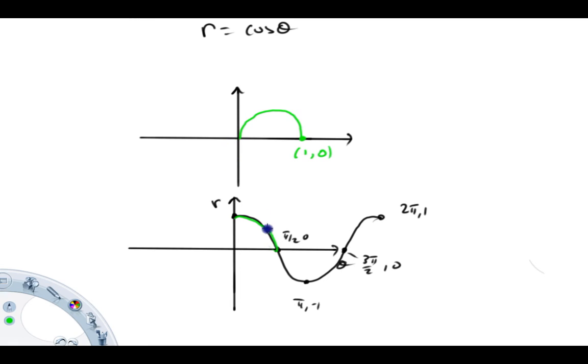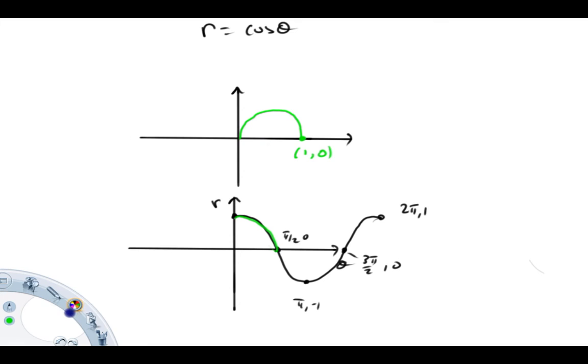Sorry, I was talking about the wrong region; I mean pi over 2 to pi. When we are in quadrant 2 here, the radii are negative, so those are actually going to fill out values in quadrant 4.